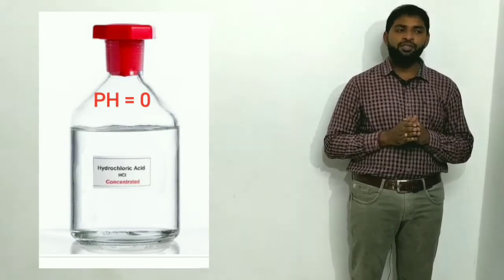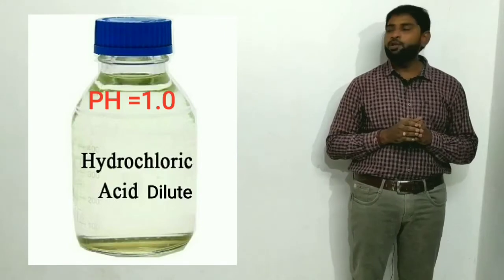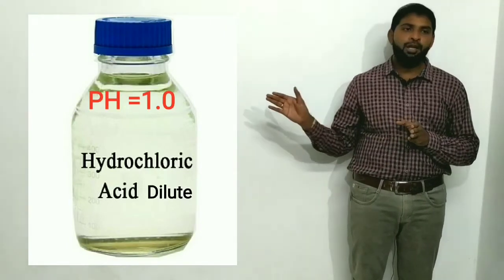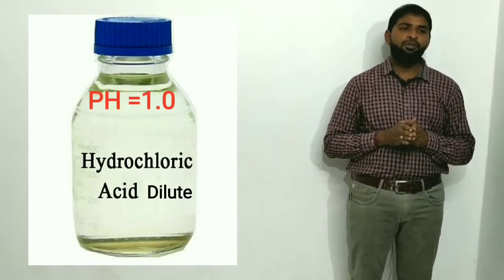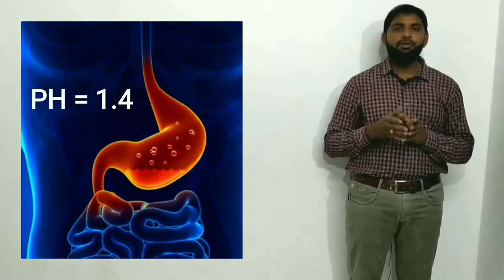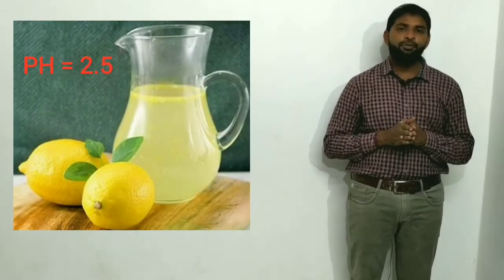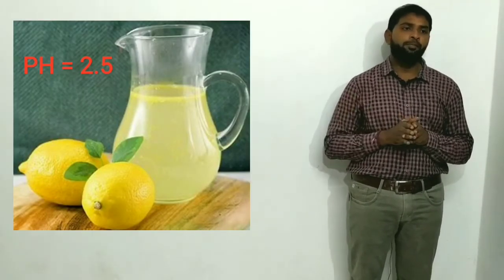pH values of some common substances. Concentrated HCl, pH value is 0. Dilute HCl, pH value is 1.0. Gastric juices in the stomach, here also HCl, that is 1.4. Lemon juice, pH value is 2.5.